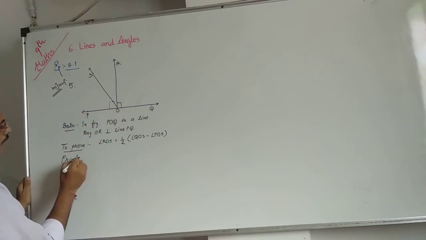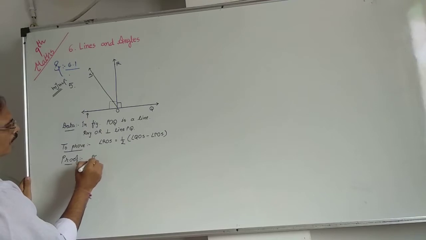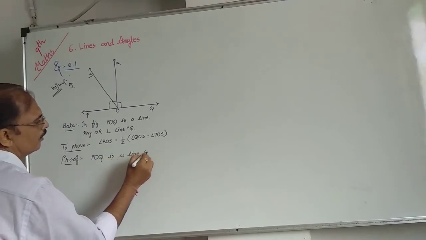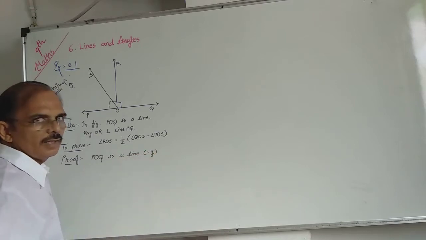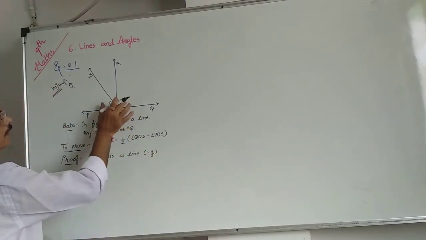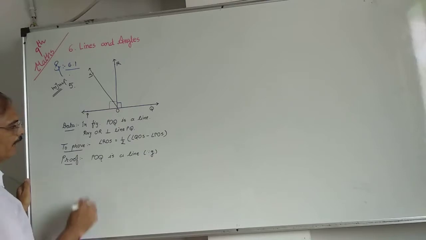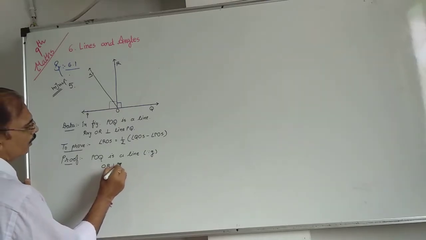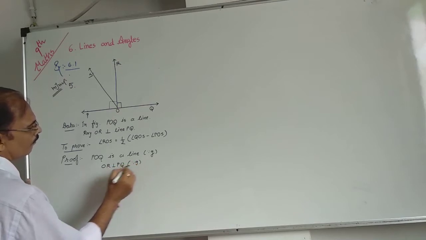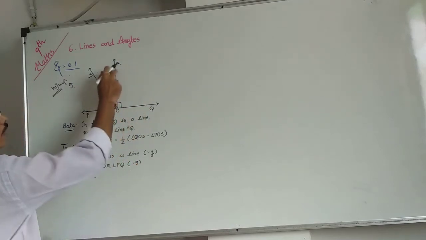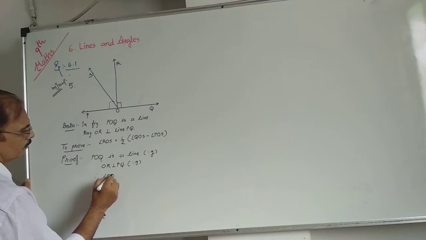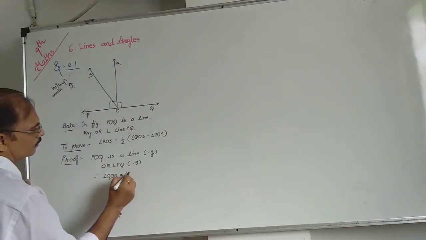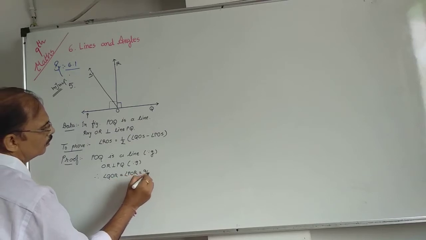So proof is what? We start with the data. POQ is a line, given. If it is a line, then these two angles form angles of linear pair. OR is perpendicular to PQ, given. Therefore, angle QOR equals to angle POR equals to 90.